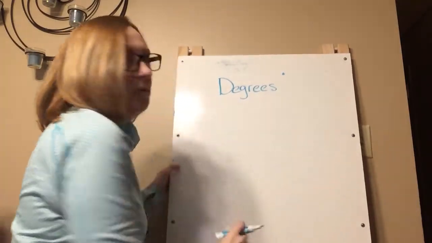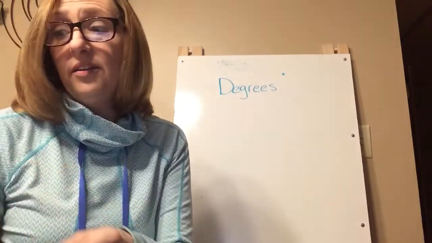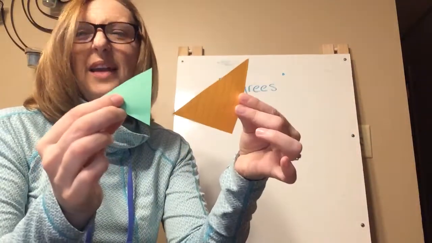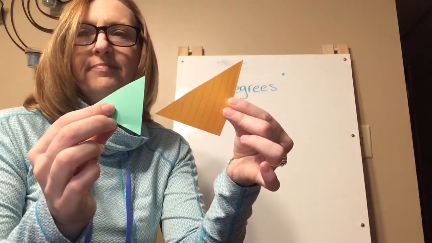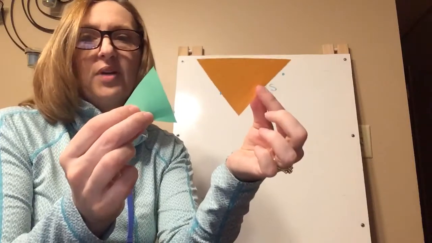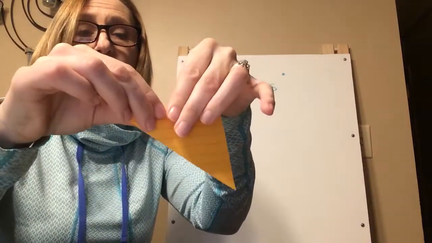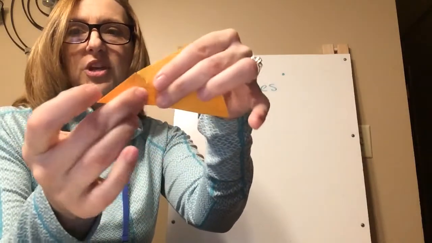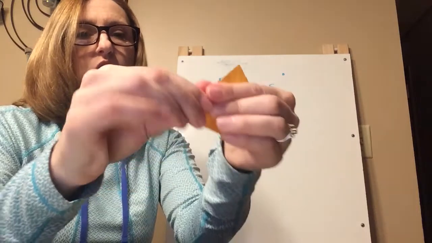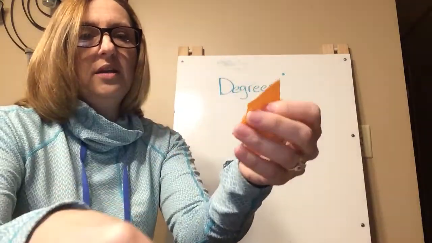There are some really cool things that you can do with triangles. If you want, pause the video and cut out a couple of triangles. All right, if you've cut out your triangles, here's what I want you to do. I want you to gently rip off the corners of each one of our triangles.